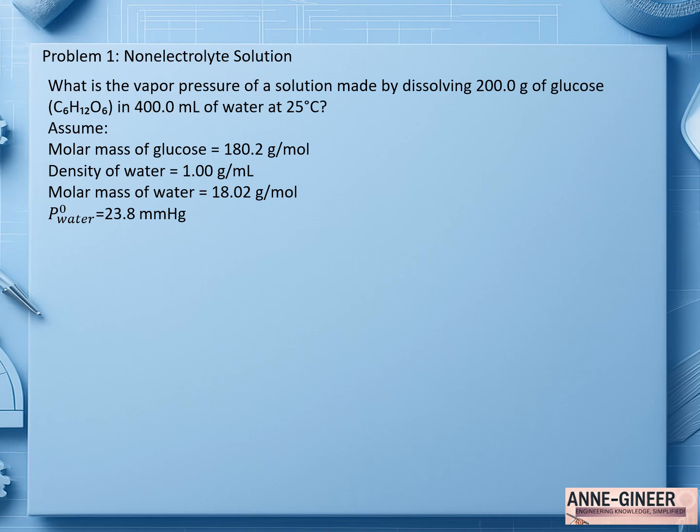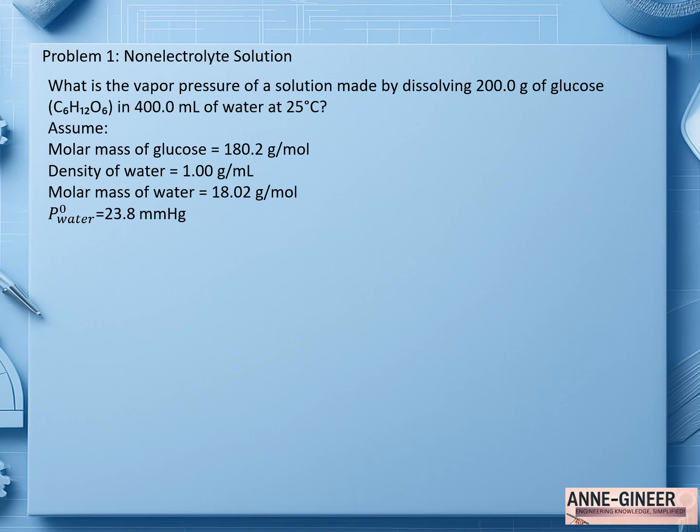Let's assume that the molar mass of glucose is 180.2 gram per mole, and the density of water is 1 gram per ml. The molar mass of water is 18.02 gram per mole, and the P naught of water, or the vapor pressure of the pure water, is 23.8 mmHg.